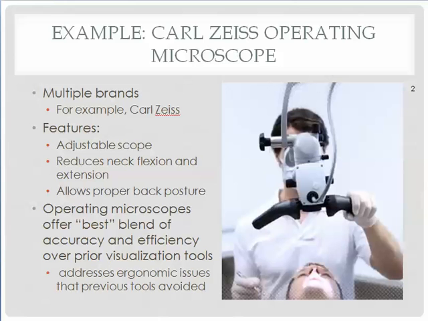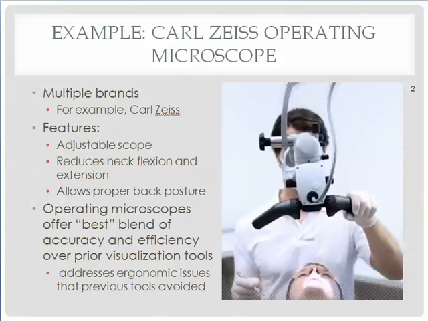Based on my literature review, there are many operating microscopes on the market. An example of such a scope is the Carl Zeiss brand. As detailed in the previous two slides, it would address the ergonomic concerns of the back and neck. The ability to adjust the scope, as seen in the picture, essentially widens the field of view and reduces the need to move the neck side to side or crane it or awkwardly position it.